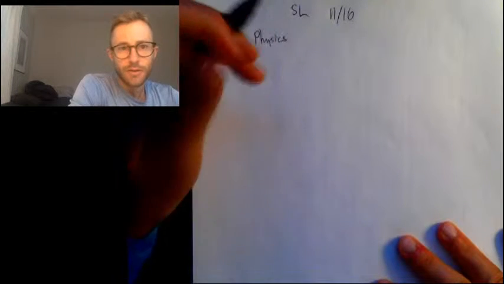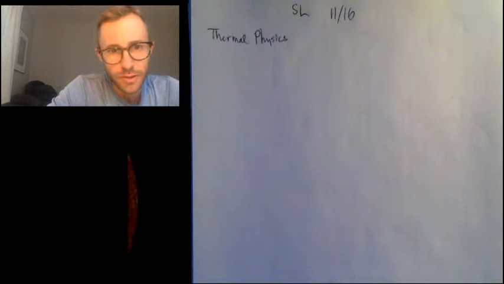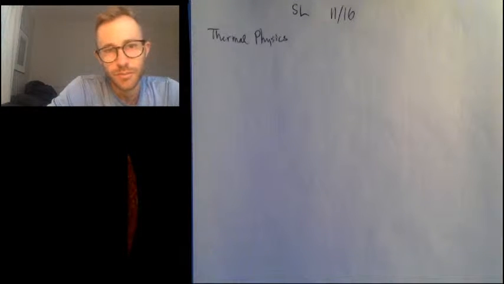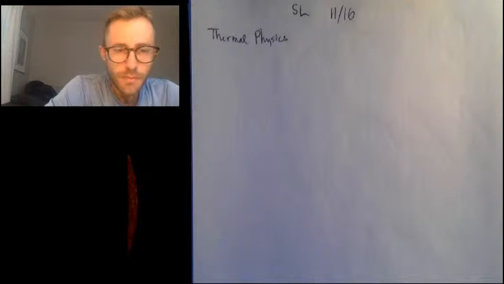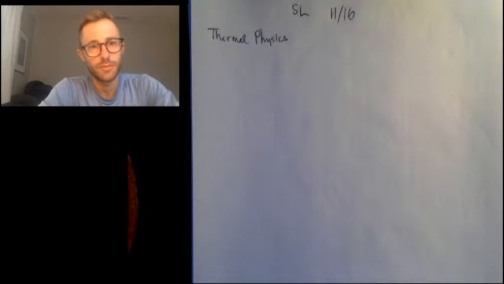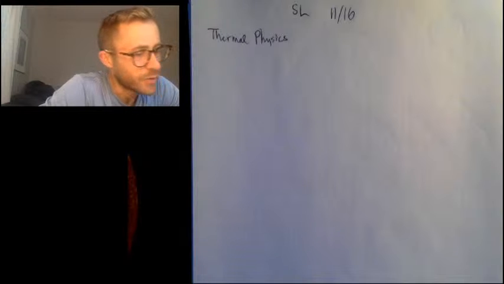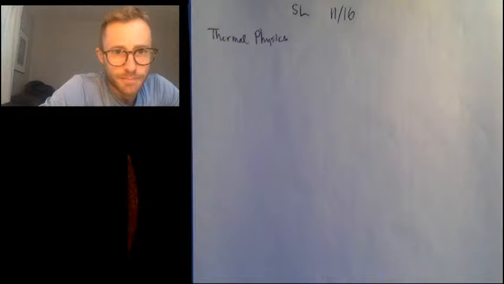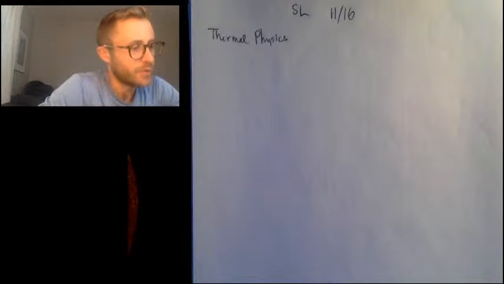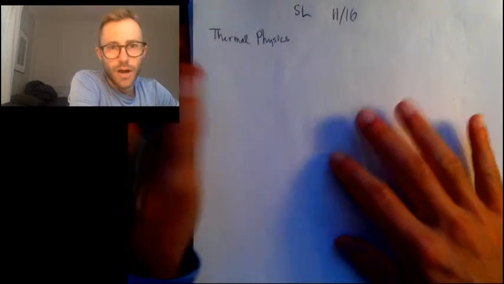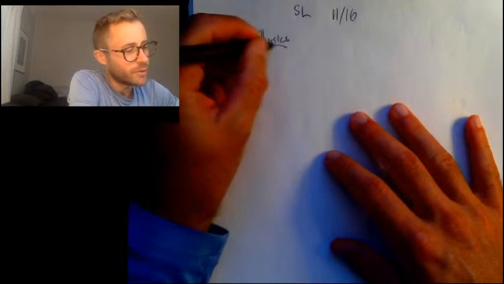The main topic in IB physics is mechanics, which is forces and energy and momentum and kinematics and that sort of thing. We've had an introduction to that, so now we're going to jump around to some different topics and get overviews of them. So the first topic after uncertainties is thermal physics.